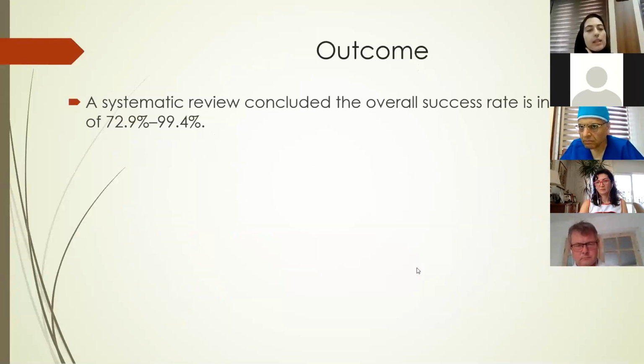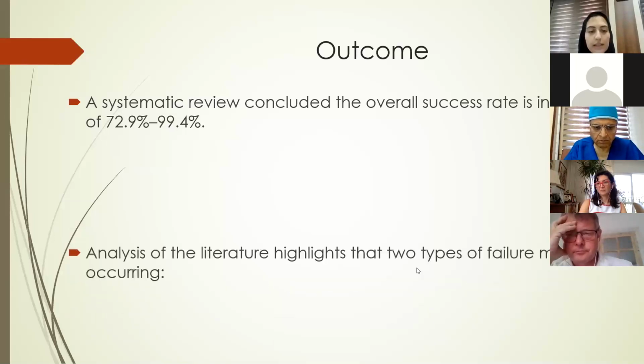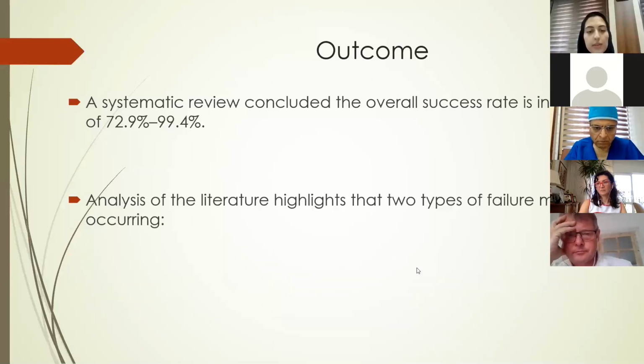And about the outcomes, a systematic review concluded that the overall success rate in the vital pulp therapy procedures has been reported about 72.9 to 99.4%. The analysis of the literature demonstrates that we have two kinds of failure.